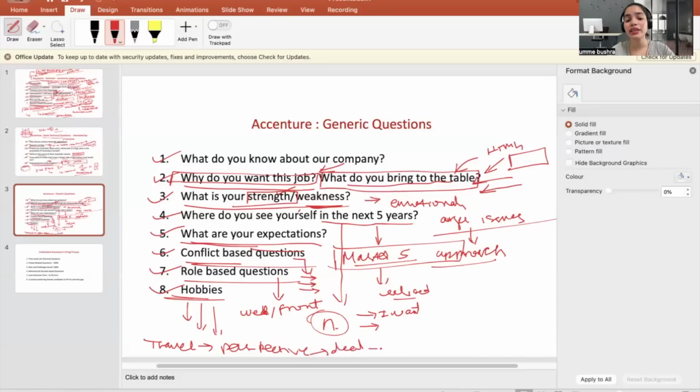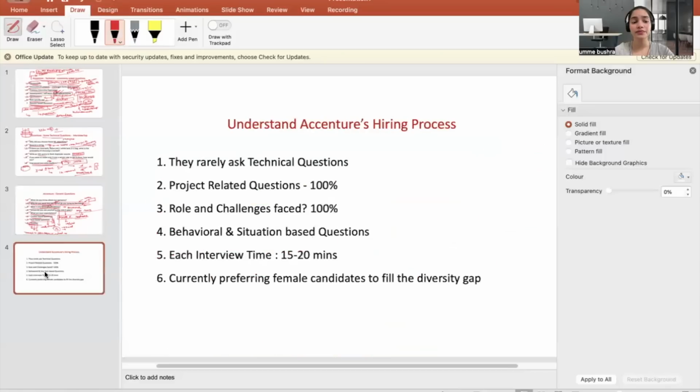That's why I think I have good interpersonal skills. Try to be diplomatic. Like, for example, I love working out, I have a very strong work ethic, and that's why I'm very consistent. All of these things can be covered under the hobby section.